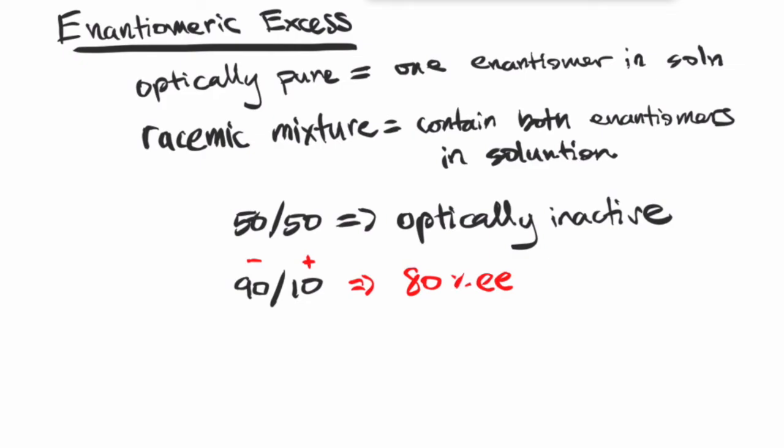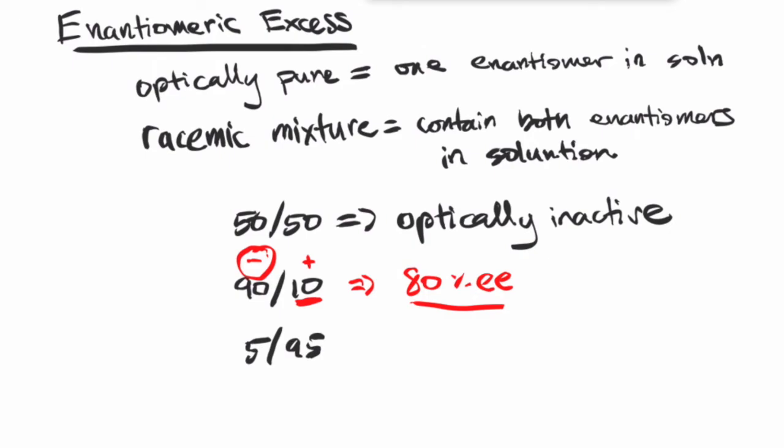Just imagine that if you have 10% rotating in the other way, then it will cancel out with 10% of the other molecule that rotates in the opposite direction. So what we have is an 80% excess of the enantiomer that is the majority. So we call that an 80% EE. Since we have an 80% EE of the enantiomer that rotates to the left, your observed rotation will be a negative number.